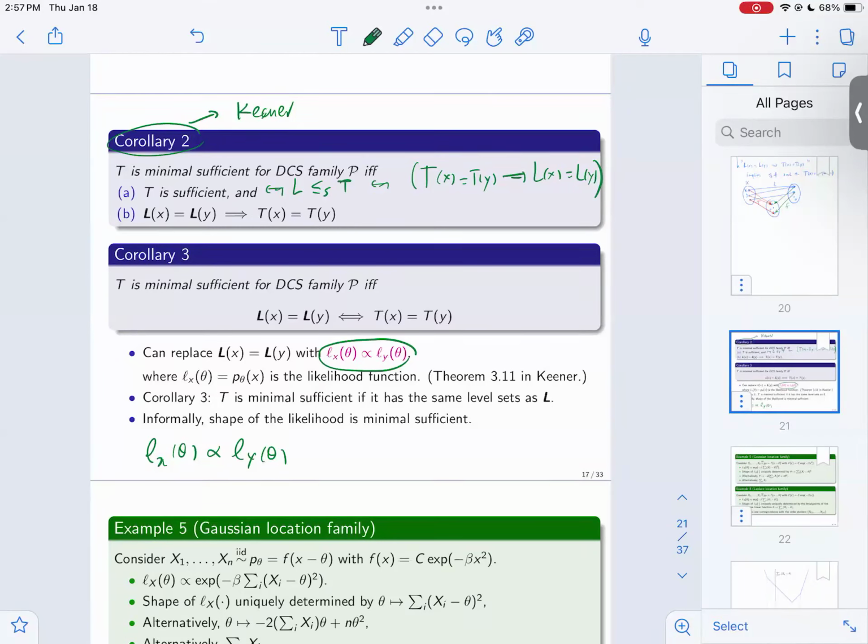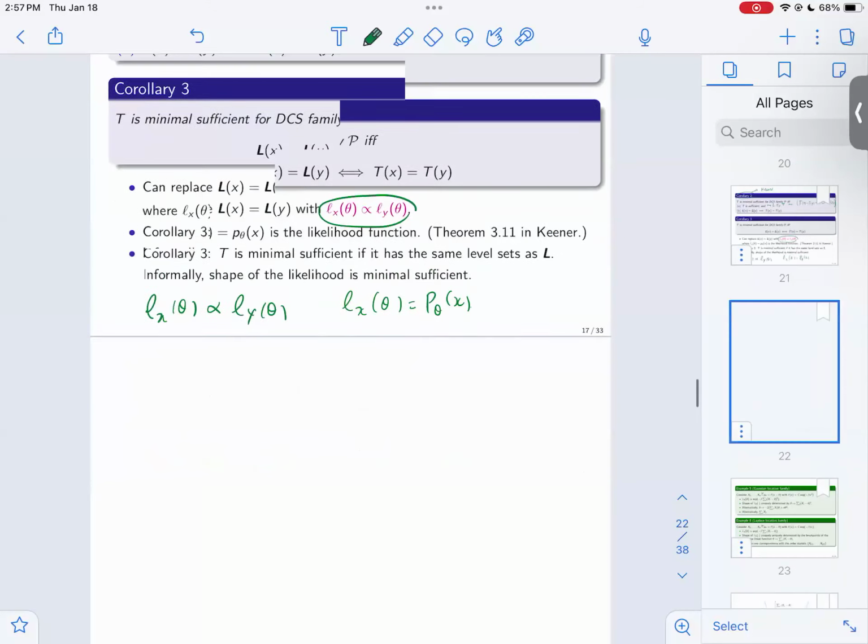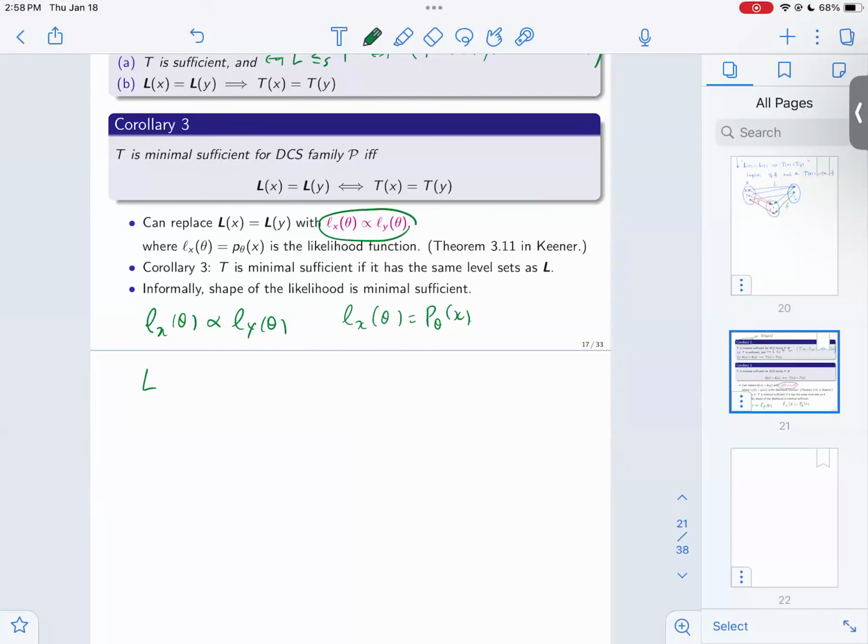L of X is really the likelihood. So L of X is P theta of X divided by P theta naught of X. This is going to be equal to P theta of Y.